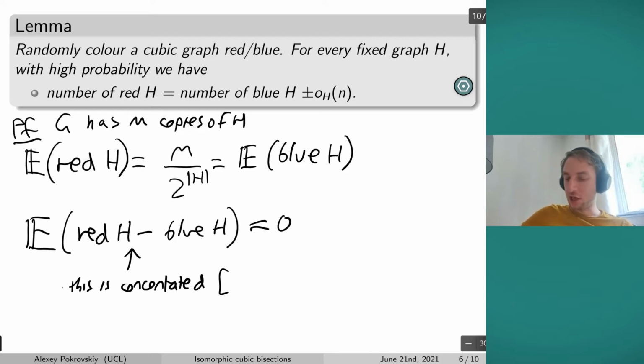You can use, say, Azuma's inequality or McDiarmid's inequality to prove this. So that proves this lemma.